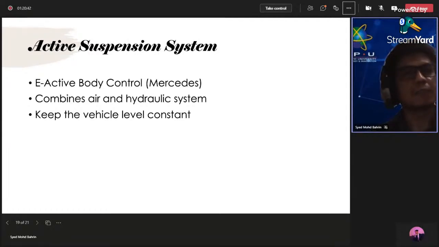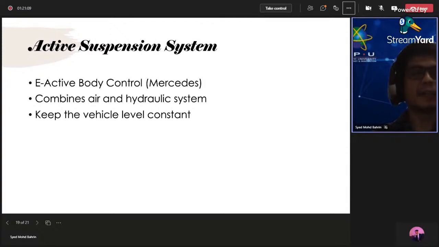You may think that I can make a passive suspension system better with a different arrangement or a different combination of values, because we can still do some modification in terms of the values of the spring stiffness and also the value of damping that we can use for our suspension. And if we are using the double wishbone, like I said, we still have some flexibility in terms of design.